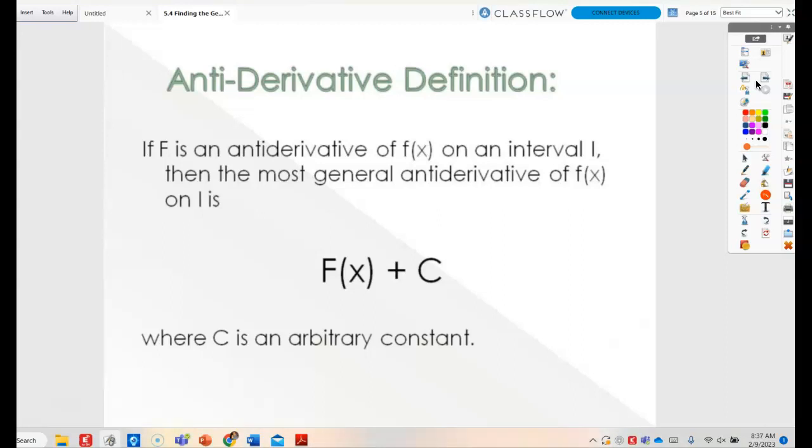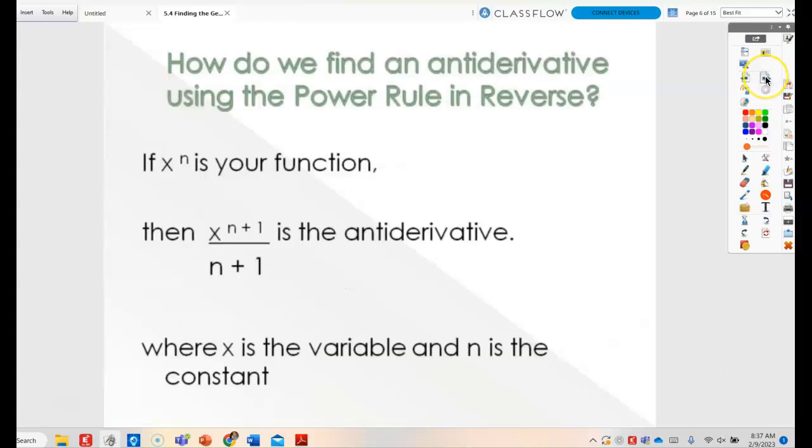So what is the power rule? The reverse power rule says add 1, divide by your new power. So how do we find an antiderivative using the power rule? You add 1, divide by your new power. Now, instead of plugging in, you're going to add a c.